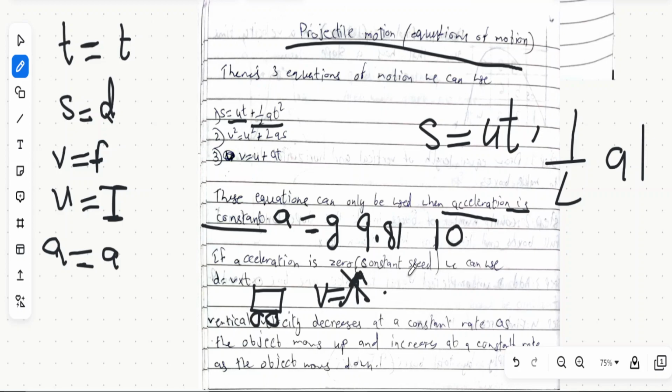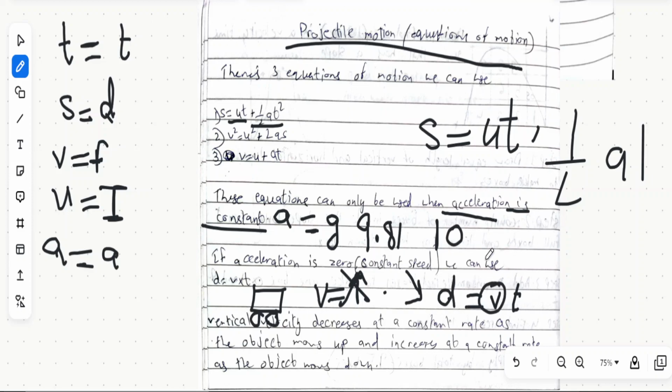It's constant. So remember that if acceleration is zero, that basically means constant speed. When someone says my acceleration is zero, then I will use my simplest formula, which is distance is velocity times time. You can find velocity from this formula.